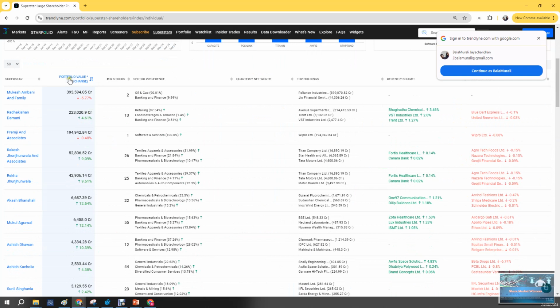In Trendline, you can see various premium investors or superstar investors like Ambani, Radhakrishnan, Premji, all these big investors who have crores invested in the market. You can see some of their recent buys and which ones they sold.